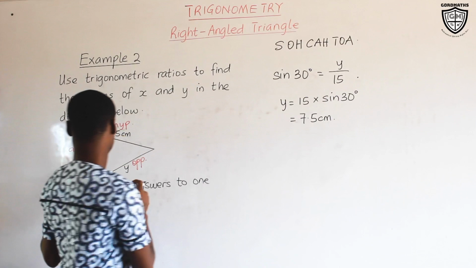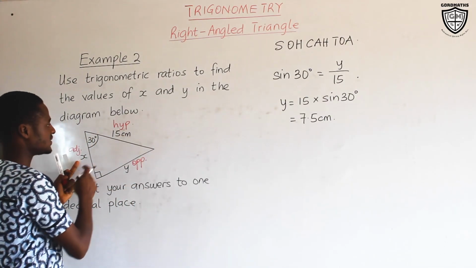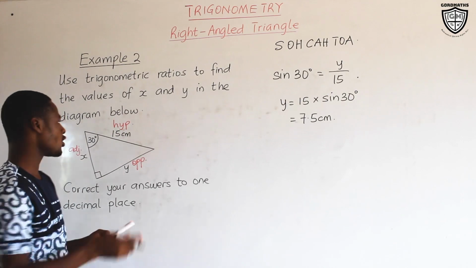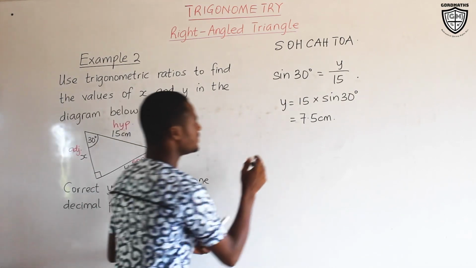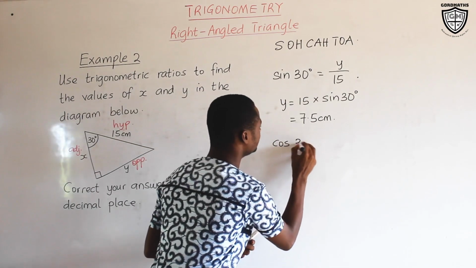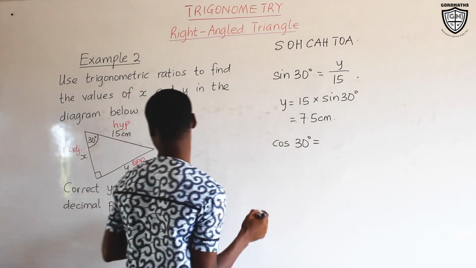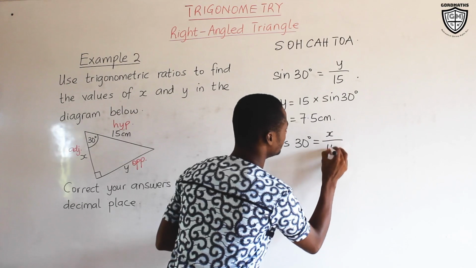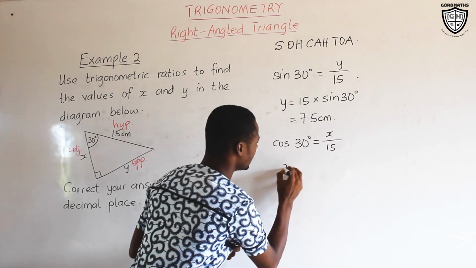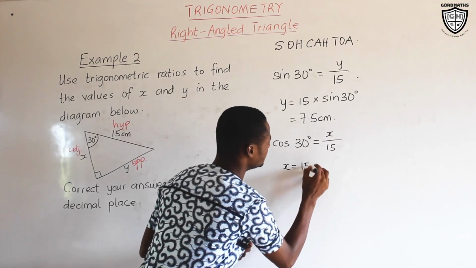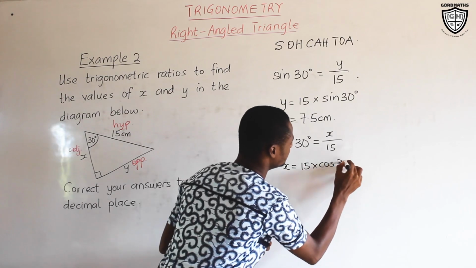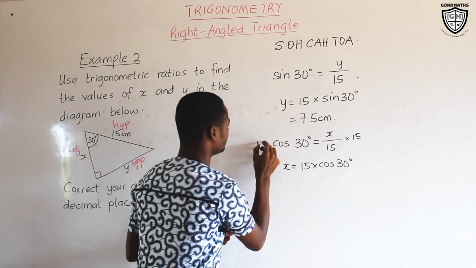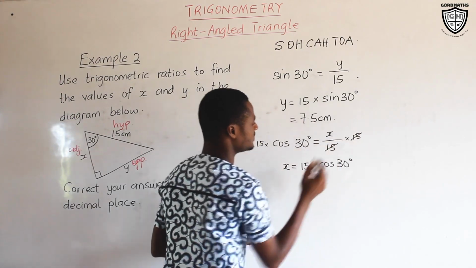Then the adjacent, which is x, divided by the hypotenuse, is also the cos of the angle given. So cos 30 degrees is equal to the adjacent, which is x, divided by 15. And so x will be equal to 15 times cos 30. We multiply through by 15, 15 cancels this.